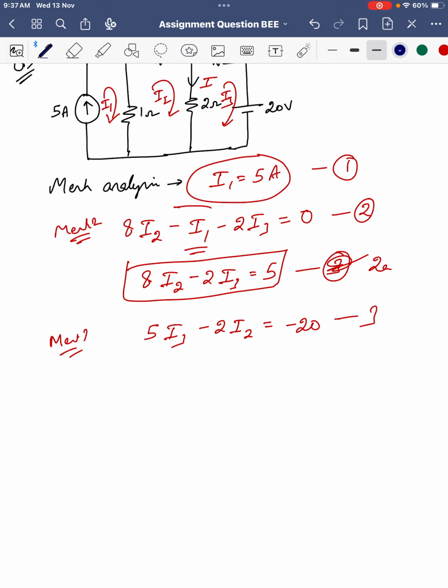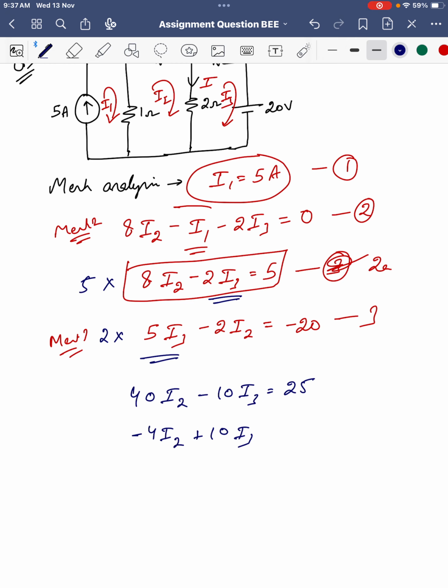Let us multiply both the top and bottom by, I3 is over here 2 and this is 5. So here we multiply with 5 and here we multiply with 2. So 40 I2 minus 10 I3 is equal to 25. This is 10 I3 minus 4 I2 is equal to minus 40.